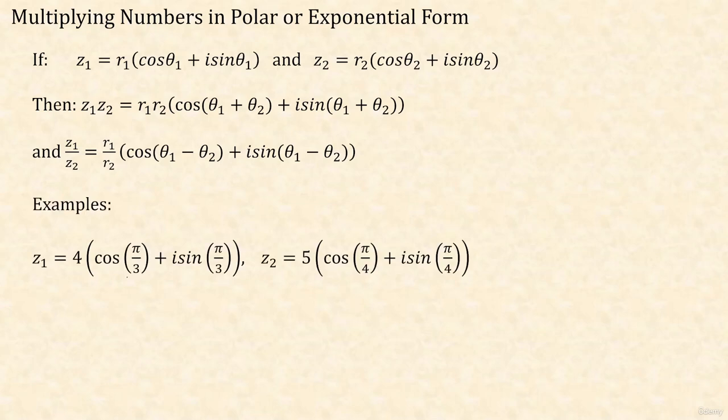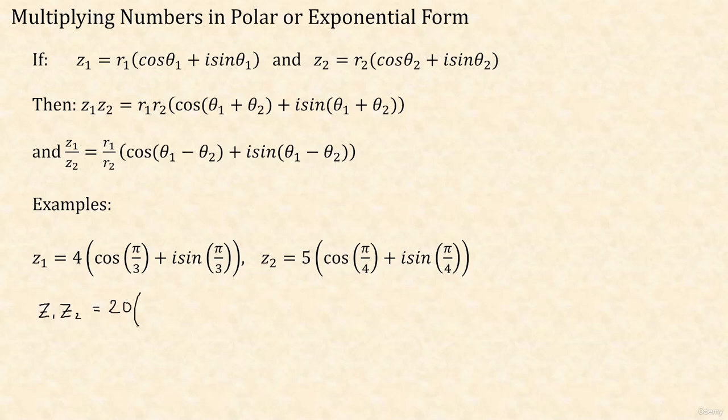An example: let's say that z1 has a modulus of 4 and an argument of pi over 3, and z2 has a modulus of 5 and an argument of pi over 4. If I multiply these together, z1 times z2, the new modulus is going to be 4 times 5, which is 20.